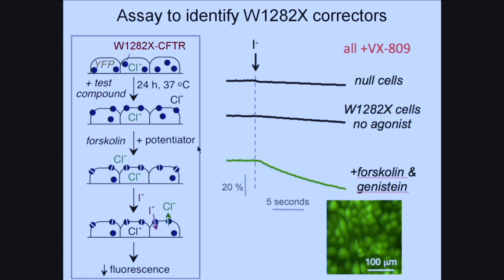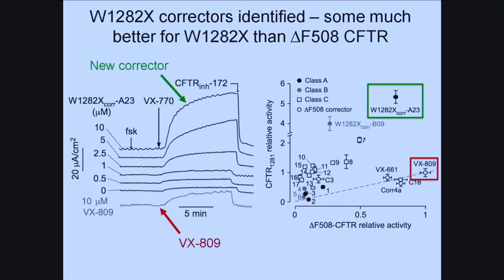So we did an assay to identify improved correctors and potentiators that were specifically good for 1282X. So we took cells with a 1282X, and as we did before, we did a corrector assay by adding a test compound. We looked at 50,000 such compounds for a day, then adding a potentiator to amplify the signal and finding compounds. Now, the interesting thing that came out of this was that if this is the signal for Vertex 809, a maximum amount, we can find compounds that work substantially better than the Vertex 809.